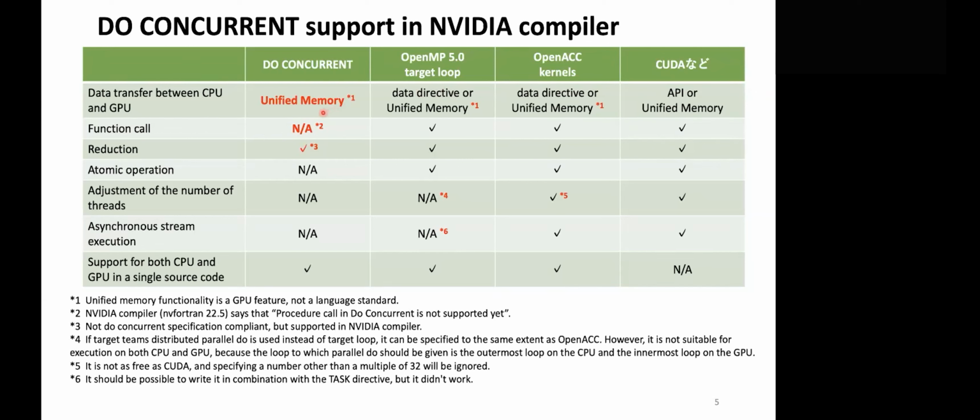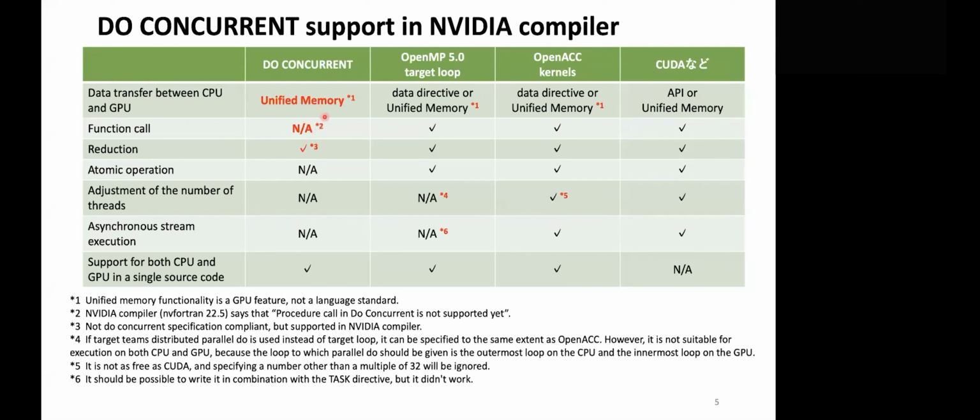First, DO CONCURRENT relies on the GPU's unified memory function for data transfer between CPU and GPU. Therefore, there is no way to avoid the disadvantages of unified memory, such as lack of GPU-direct communication.